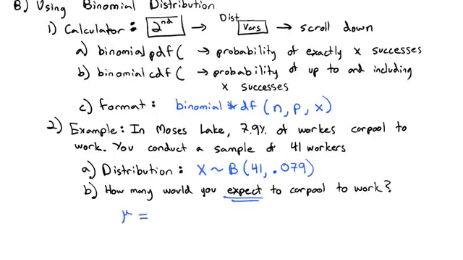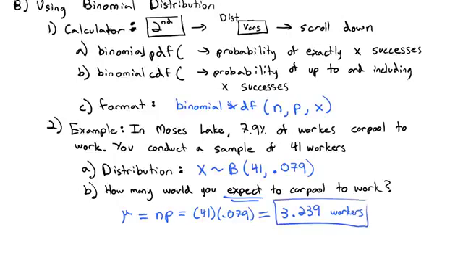The mean is equal to the number times the probability, or the 41 people you surveyed times the probability of 0.079. That gives us an expected value of 3.239 workers. So maybe you'd round that down to 3 workers. You'd expect about 3, maybe 4 out of your 41 workers to carpool to work.